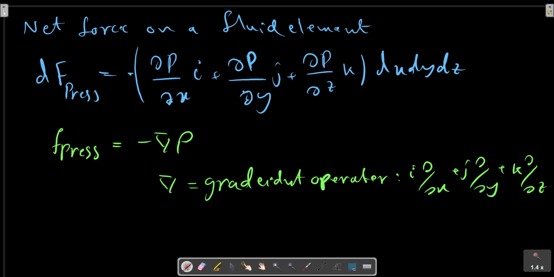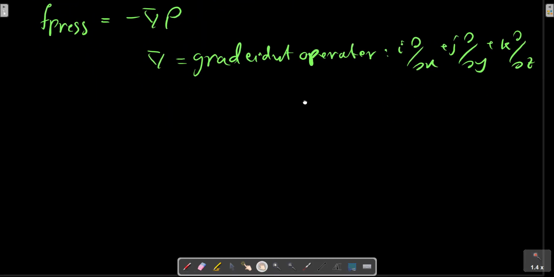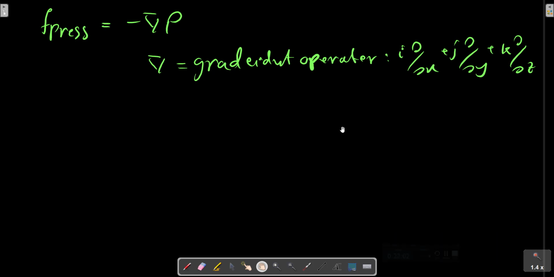As you see, it is not the pressure, it is the pressure gradient causing a net force that must be balanced by gravity or acceleration or some other effects in the fluid.